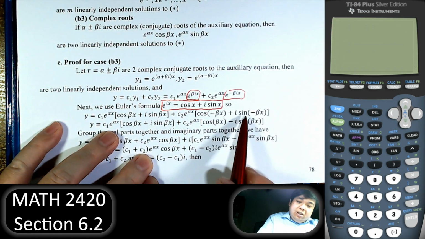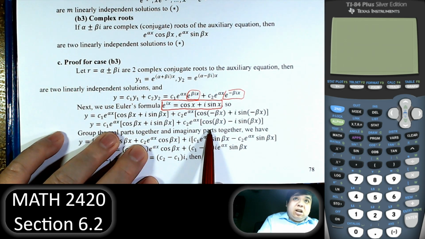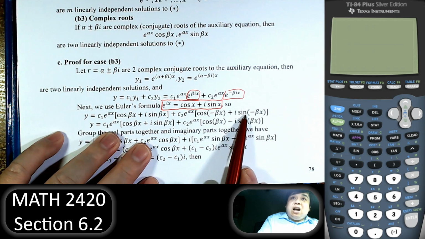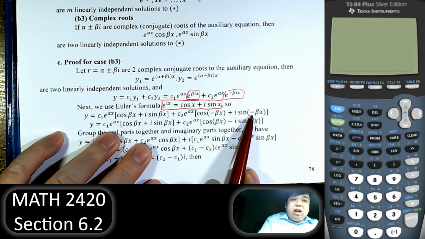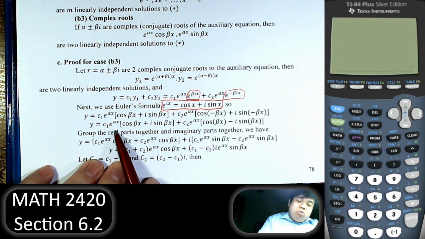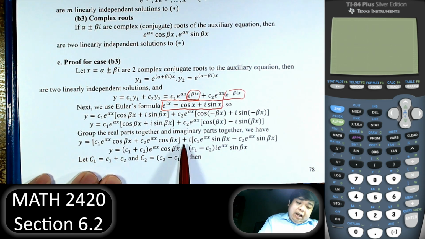So we have that. Now, cosine is an even function. Cosine of negative is the same thing as cosine of positive. Sine is an odd function, so sine of a negative is a negative sine. Multiply this out, combine the real parts and then the imaginary parts together, and you end up with this one. Now you can call this a constant and call this a constant with i.